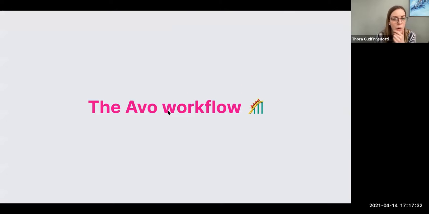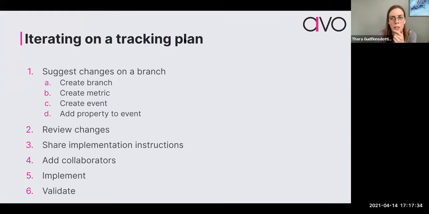So the Avo workflow, what are we going to be doing? I'm going to do a little bit simplified version of iterating the tracking plan today, because this is the basics webinar and we're going to try to keep it to just 45 minutes. So what we're going to be doing is first suggesting changes on a branch, like I mentioned in the circular diagram.